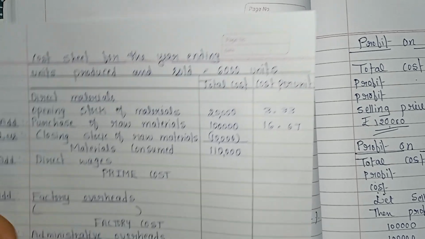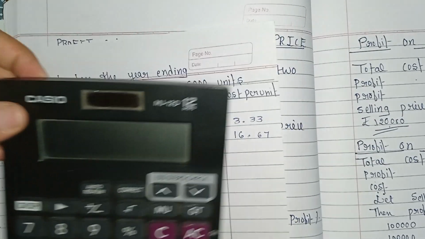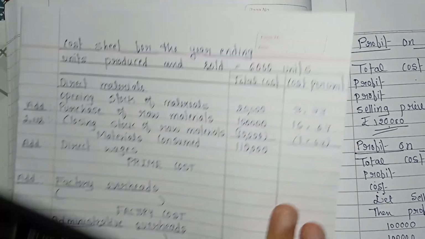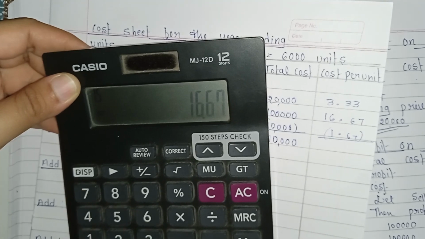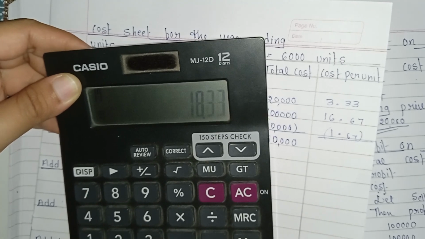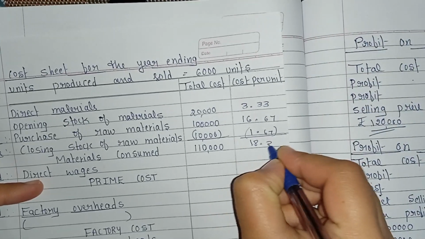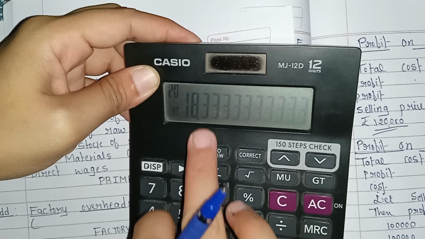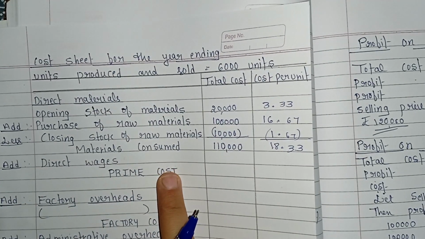Closing stock 10,000 divided by 6,000 is 1.67. Then 3.33 plus 16.67 minus 1.67 equals 18.33, which is 1,10,000 divided by 6,000. Clear?